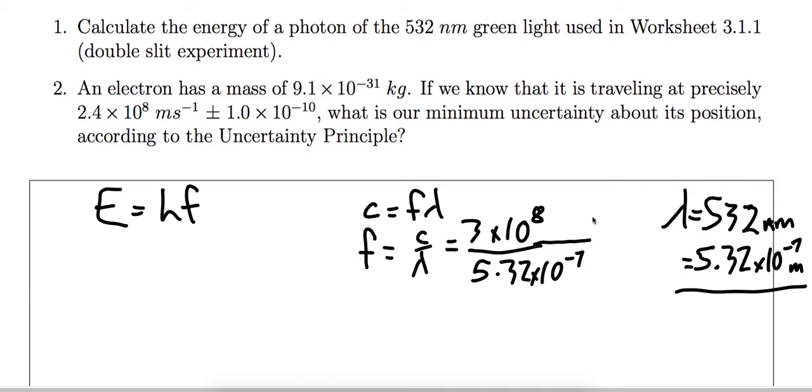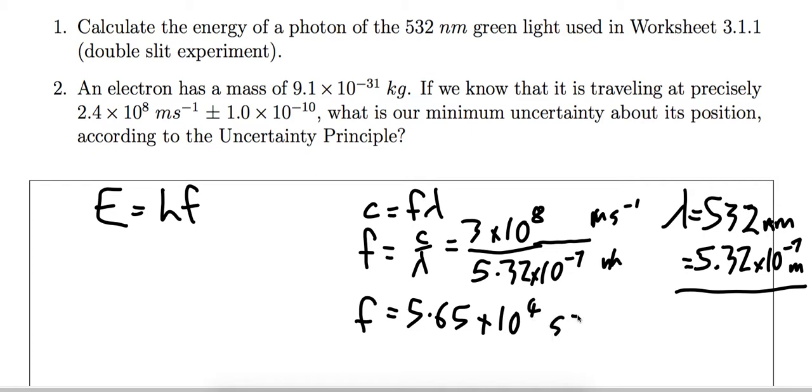Interestingly on the units, the meters cancel out, and f equals 5.65 by 10 to the 14 seconds to the minus 1, which is hertz. So the frequency is 5.65 by 10 to the 14 hertz.